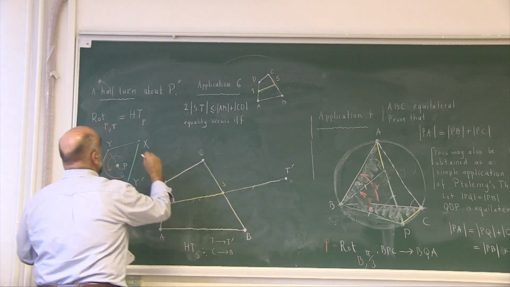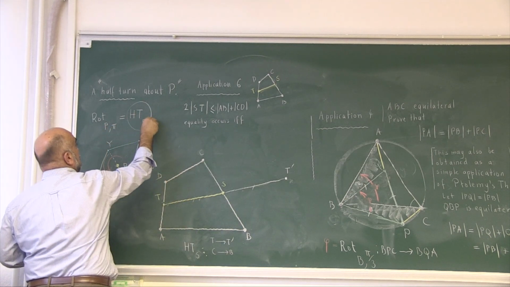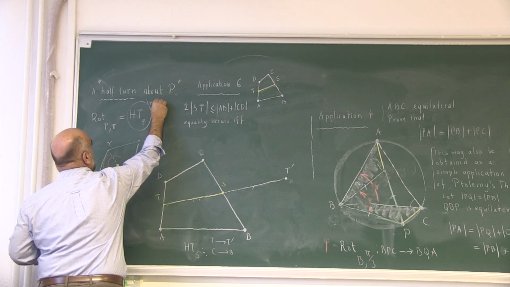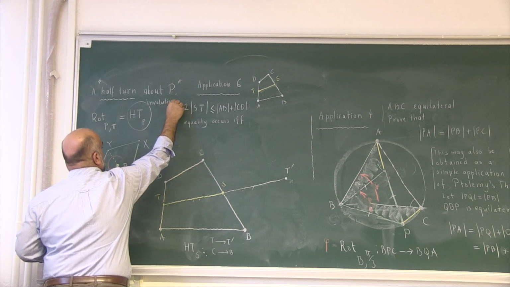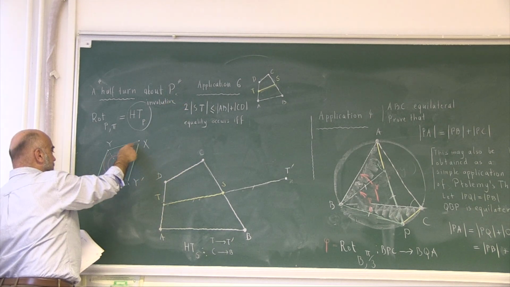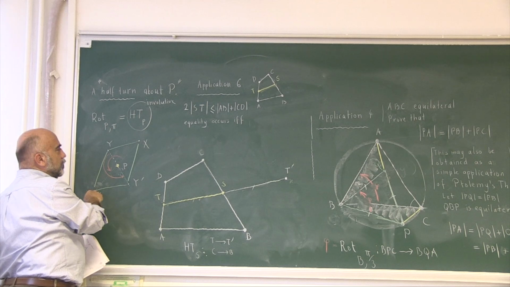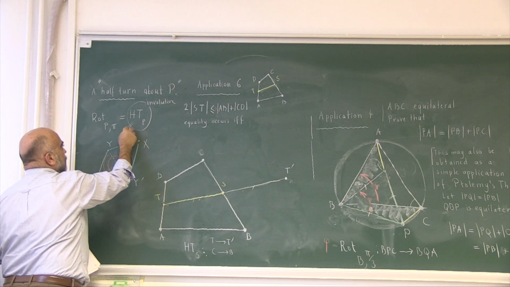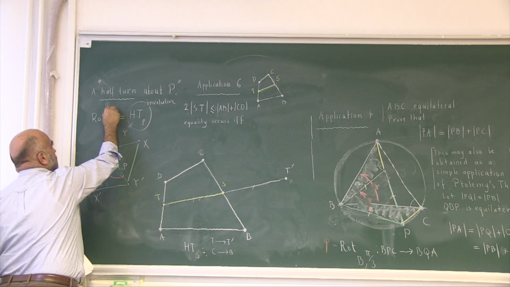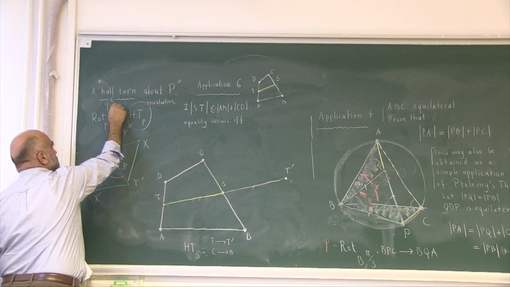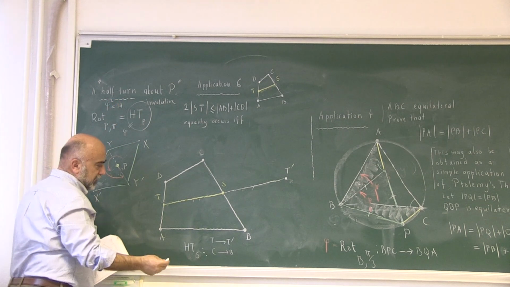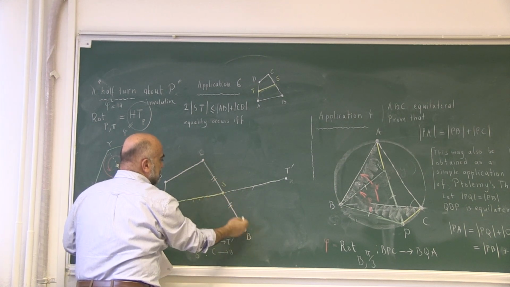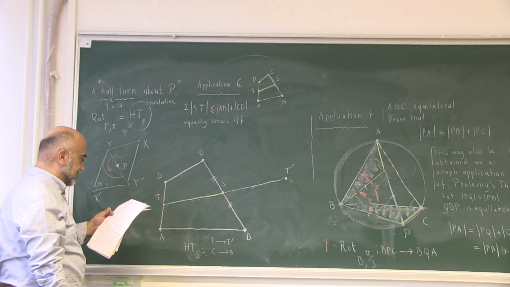By the way, a half turn, we have already encountered the term, is an involutive map. So if a half turn brings the point X into X prime, the very same half turn will bring X prime back to X. If this is called phi, then phi applied twice will give the identity map. So if C goes to B under this half turn, B will go to C as well. So that's what we have.